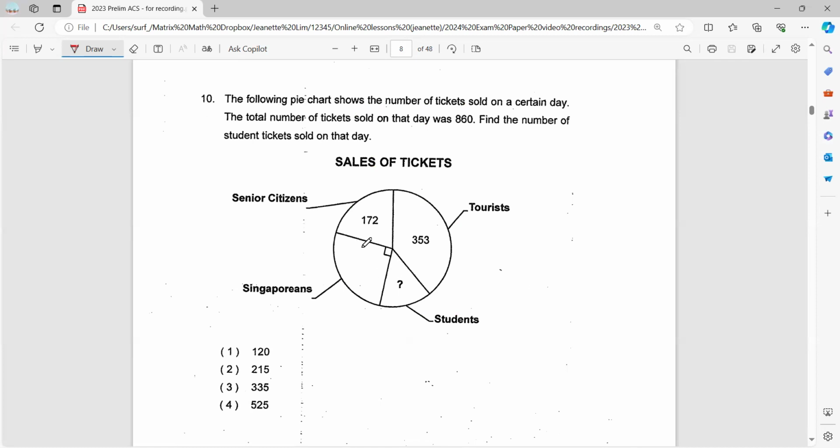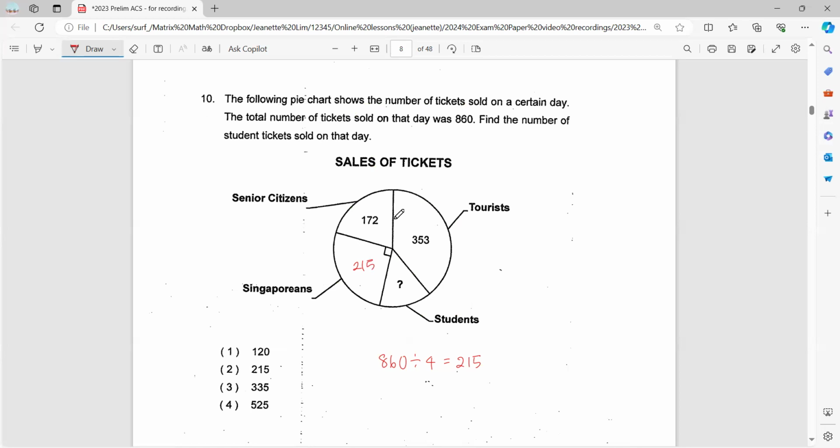Singaporeans is a quarter because 90 degrees is 1/4 of the whole circle. So let's find what is a quarter of 860. So I take 860 divided by 4. 215. So this is 215. So to find the students, I will take the 860 and minus the answer.